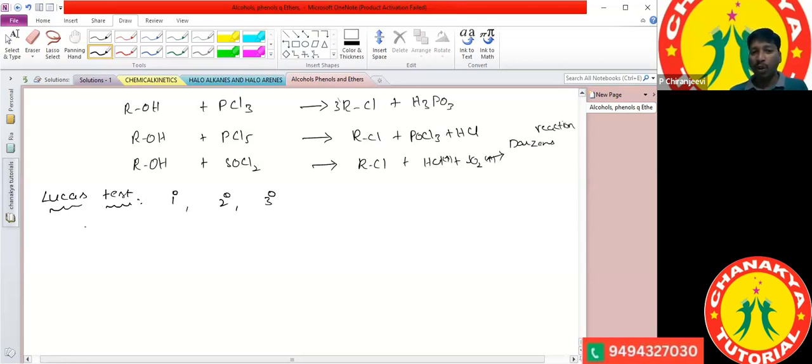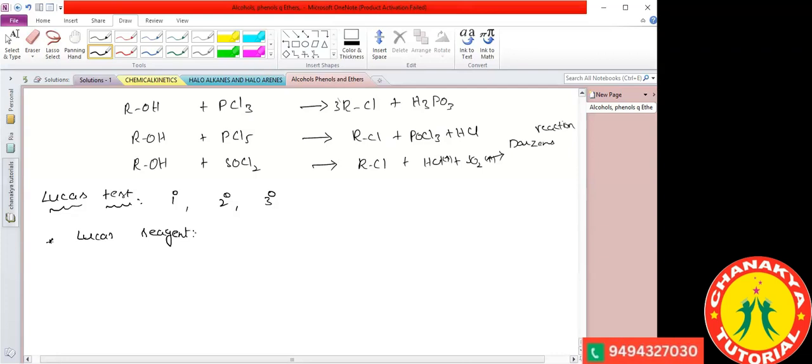First of all, what is meant by the Lucas reagent? Last time I told that. Aditi, what is meant by the Lucas reagent? Samhita?